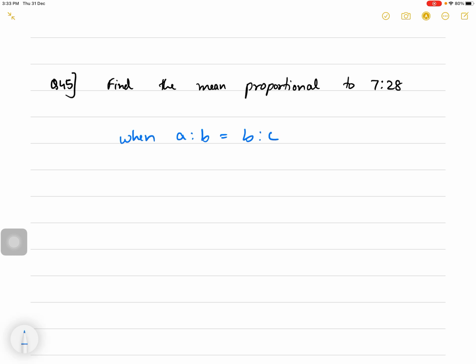So I'll write here, when A is to B is equal to B is to C, then B is the mean proportion and C is the third proportion.